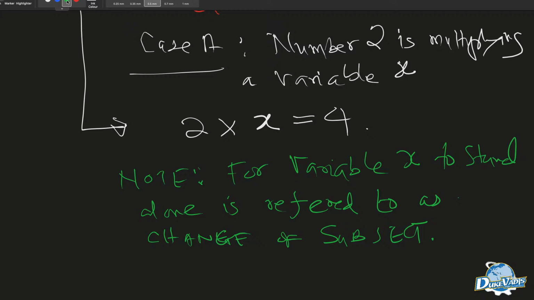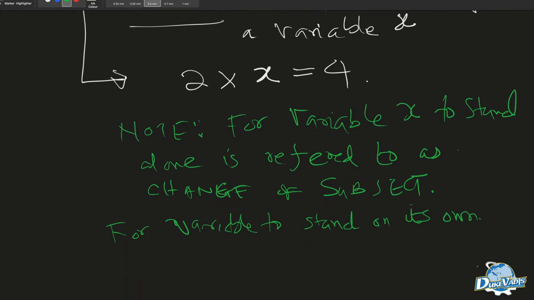If we don't want to complicate ourselves, we know 2 is multiplying x, and for variable x to stand on its own, we have to do something, because 2 is multiplying x and is equal to 4.